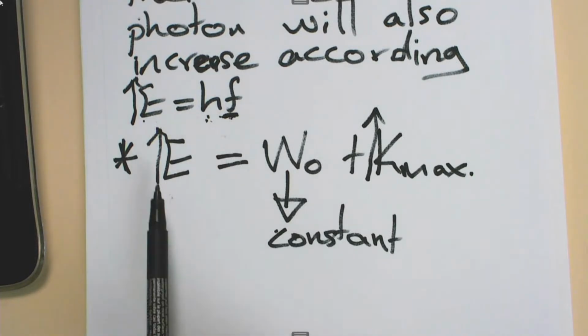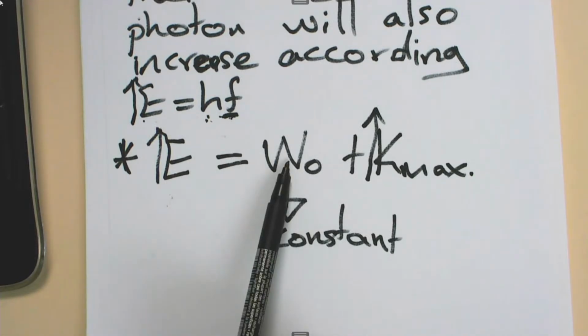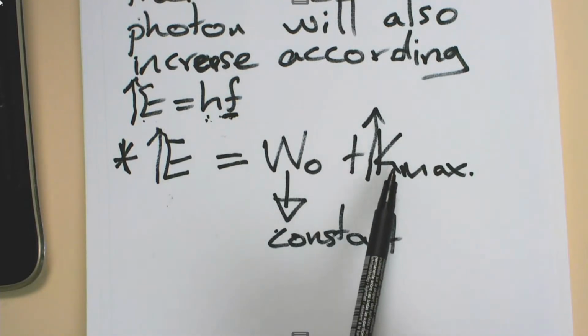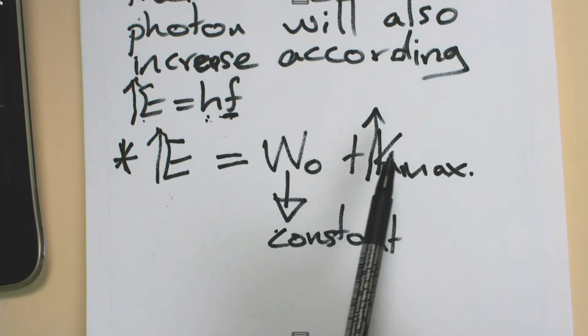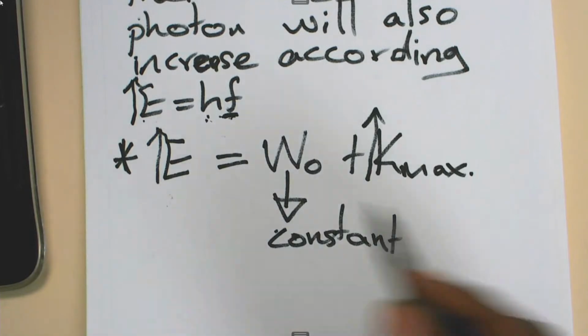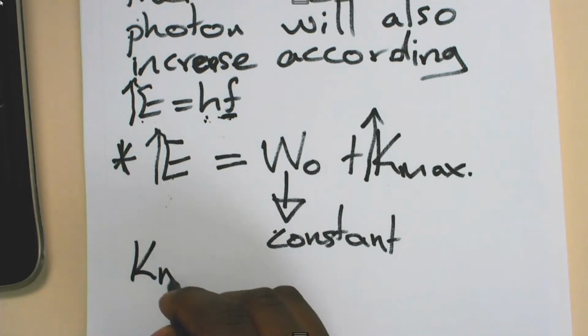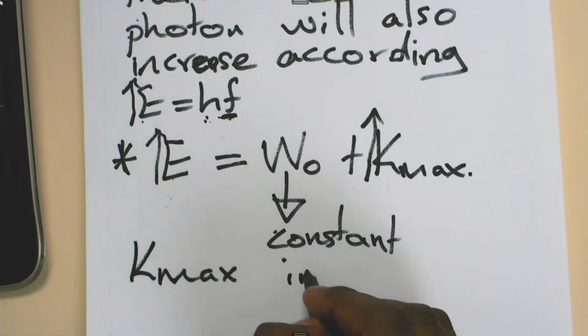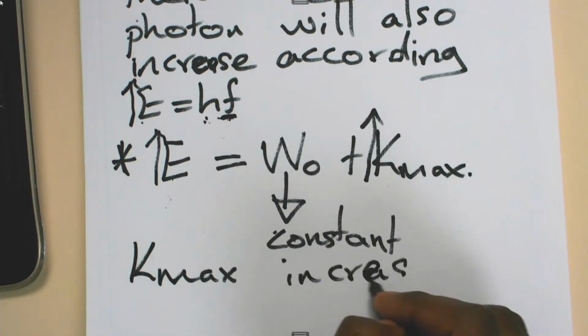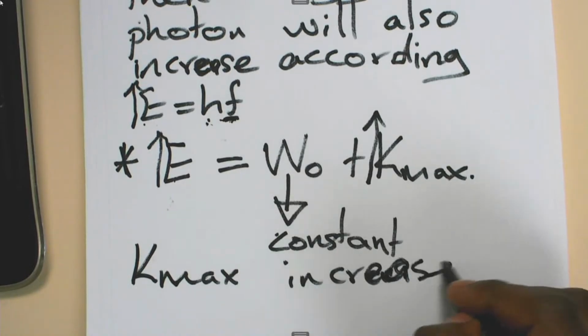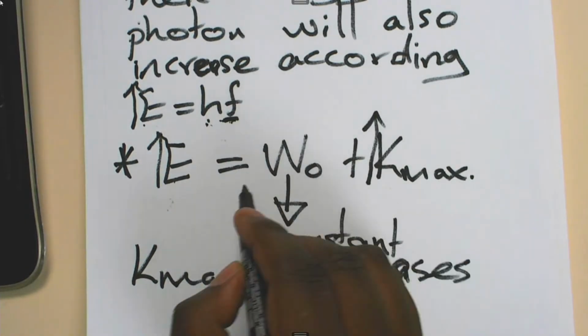And for a constant work function, the maximum kinetic energy will increase, according to this formula.